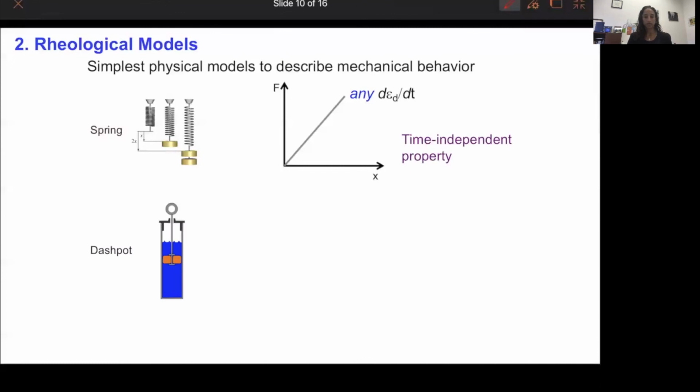Our second component for these rheological models is a dashpot. And this is a schematic showing what the dashpot is, and the viscosity of this fluid here will change the response of the dashpot, how resistant it is to deformations. So a simplified example will be a bike pump, and I'll show how the bike pump works as a dashpot. So this is where we're going to get our time-dependent behavior.